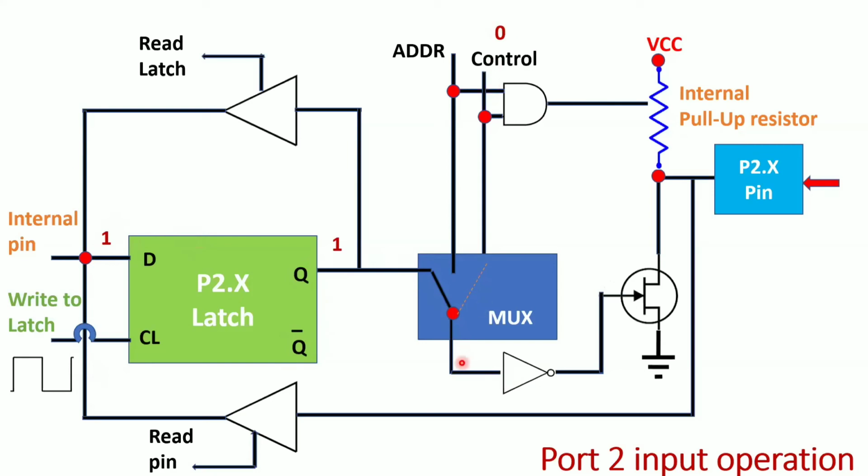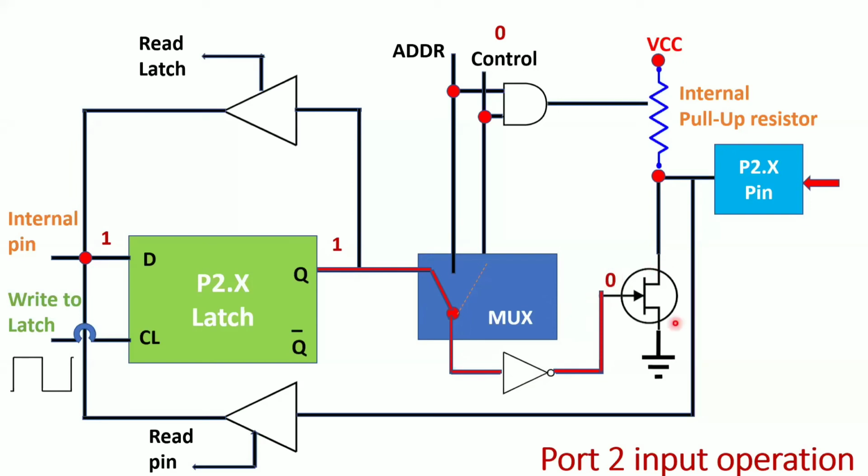Whenever the control is 0, the switch is always connected to the Q. Whenever I'm sending 1, I will get 0 here because we are connecting the NOT gate, so whatever value you get here will be inverted and you will get 0.